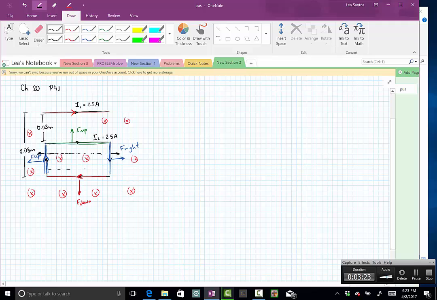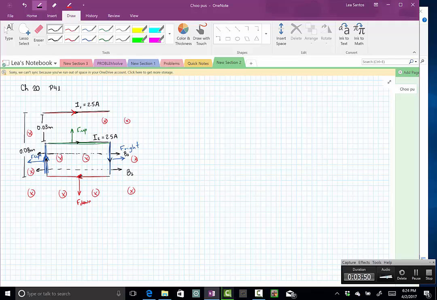Any other point is the same, because at the same distance from wire 1 we have the same magnetic field. As we get further from current 1, the field gets weaker, so B1 here is weaker than B1 here. But we are at the same distance right and left, so these forces cancel.